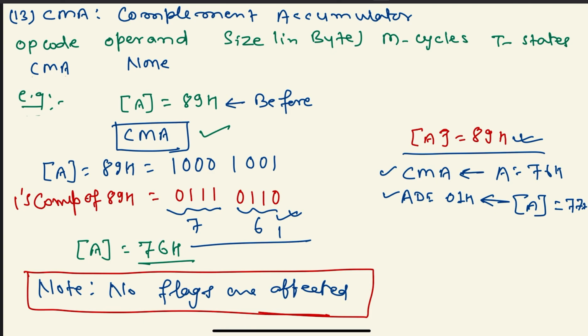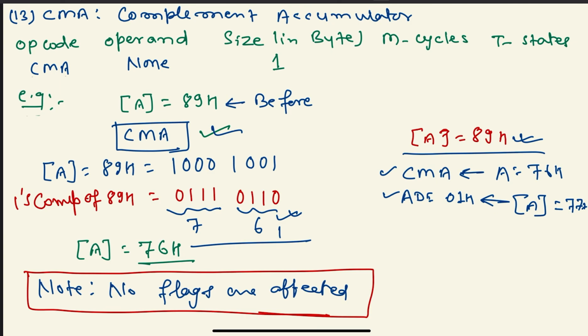Now we'll talk about its size in terms of bytes. Here this instruction consists of only the English alphabet letters, and there is no operand also. So that is the reason its size will be 1 byte, and this byte is fetched from memory to the processor. It accesses the memory only one time, and that operation is called the opcode fetch operation.